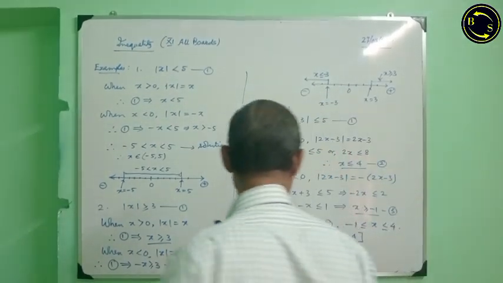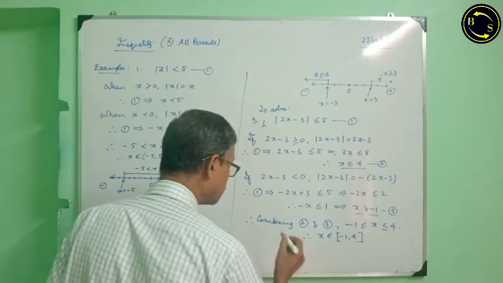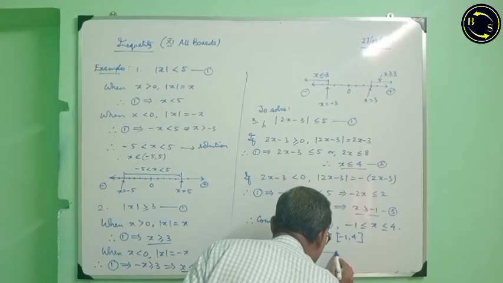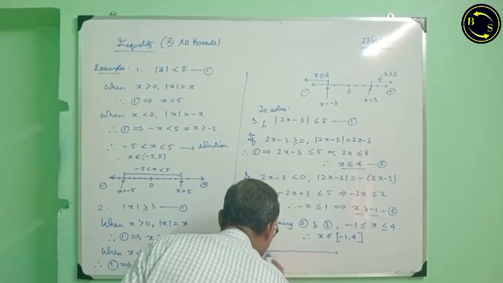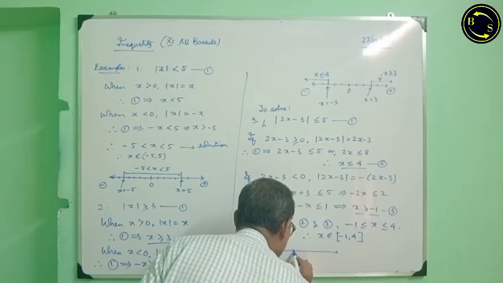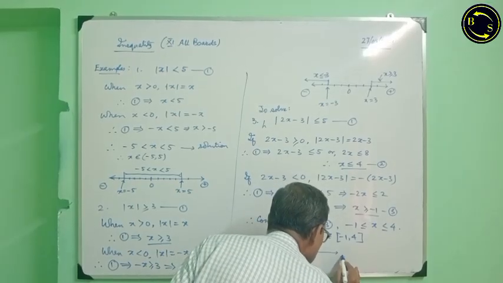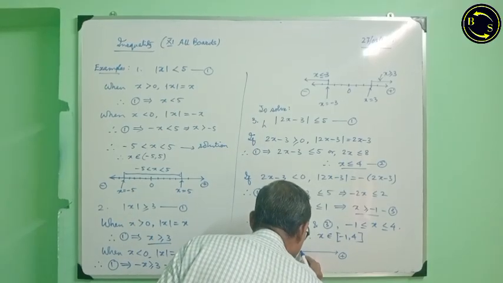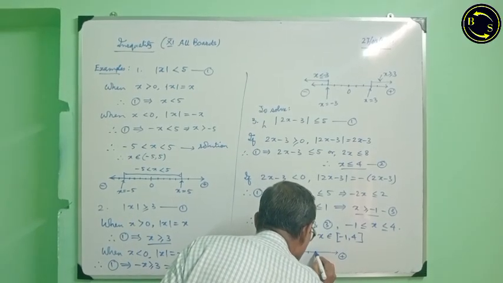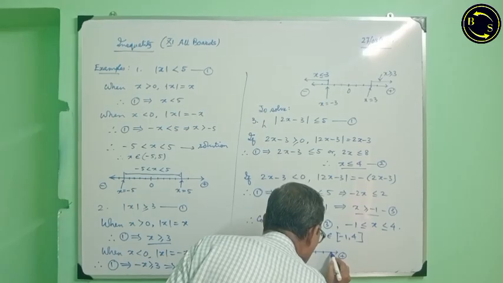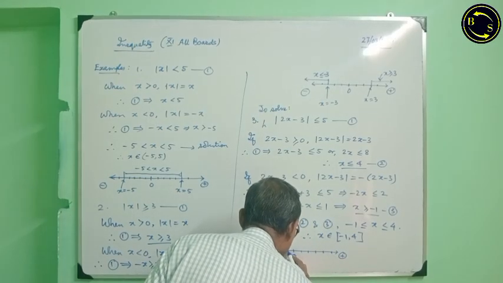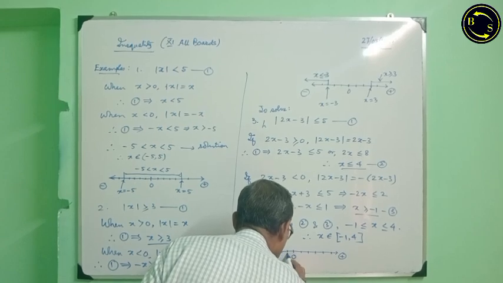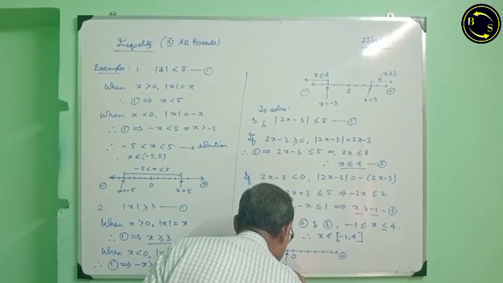Now we have to express that on number line. For that we draw the number line. Take this suitable point as origin, right side positive. Now I mark 1, 2, 3, 4, 5, minus 1, minus 2. This is x equal to minus 1.